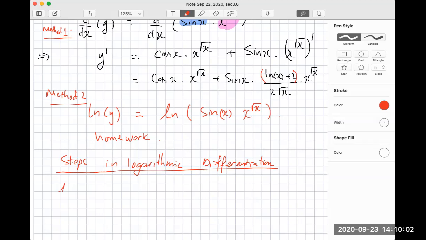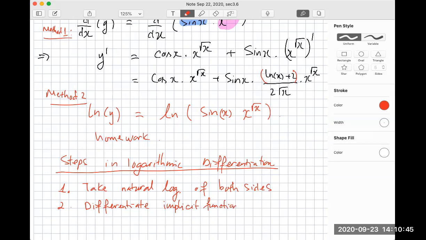The first step is to take the natural logs of both sides. In the second step, differentiate with respect to the variable x.